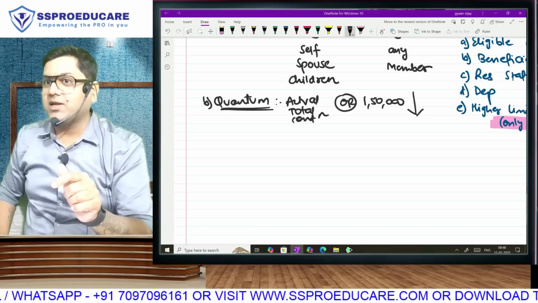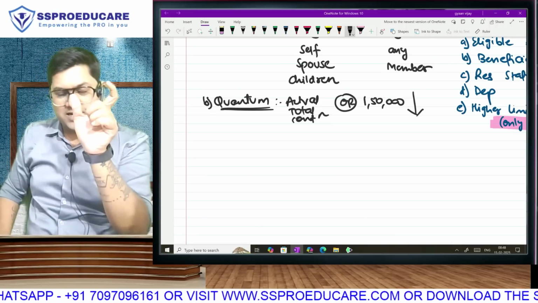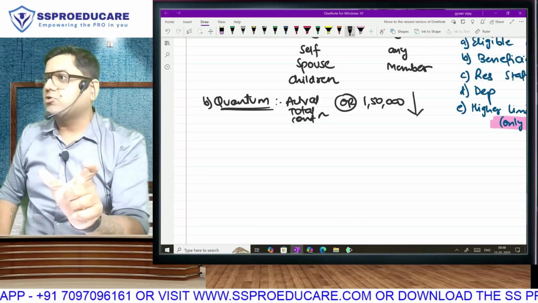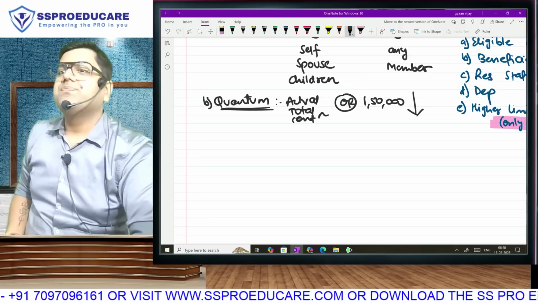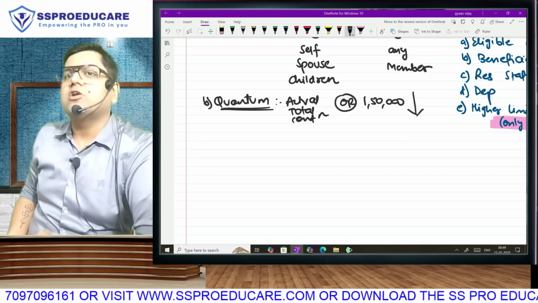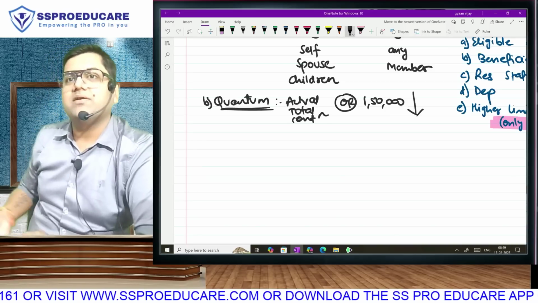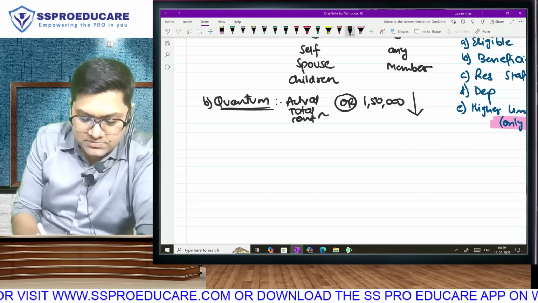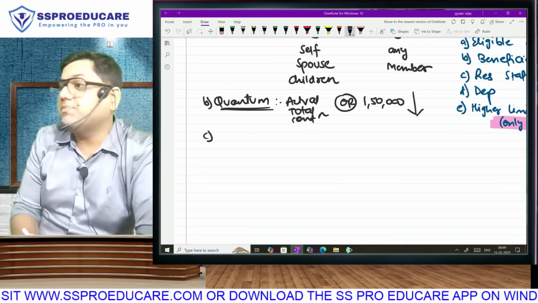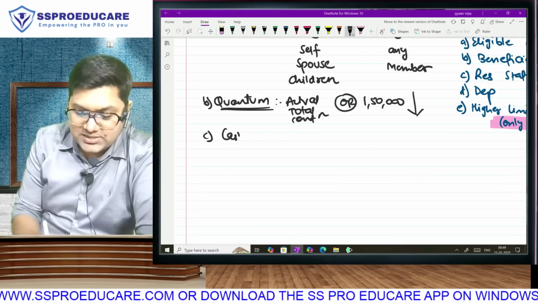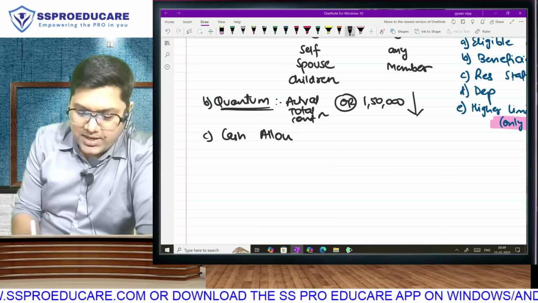Grandparents, grandchildren, you don't have to take it. Disqualified. Take the total of the eligible amounts, and that total you compare with 1,50,000, whichever is lower. If my total contribution is 2 lakh, my deduction will be 1,50,000. If my total contribution is 1 lakh, my deduction will be 1 lakh. Is that clear?